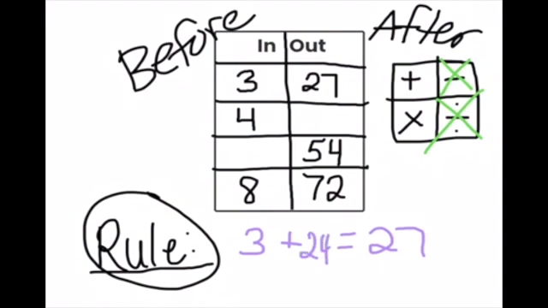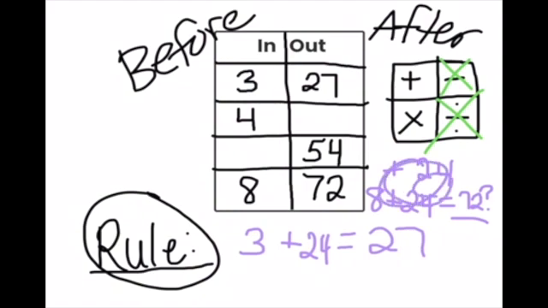So 3 plus 24 is 27. So I could say, okay, is that a plus 24 pattern or a rule? Is 8 plus 24 72? Does that make sense? What is 8 plus 24? Well, 24 plus 10 is 34. Minus 2 is 32. So, not 72. 32. That's off. A lot, way off. So, it's not a plus 24 pattern.